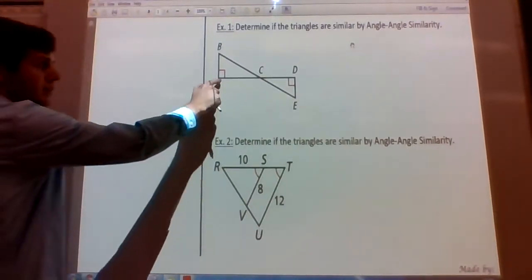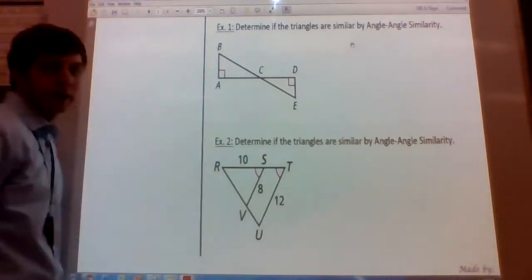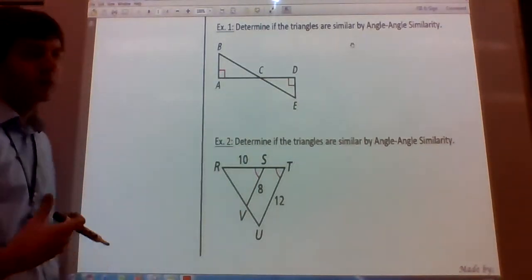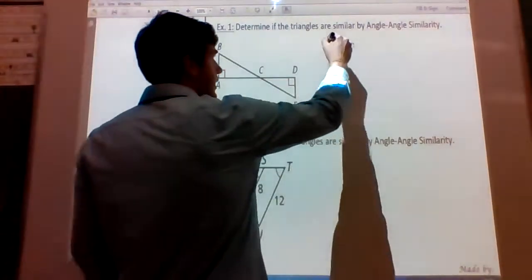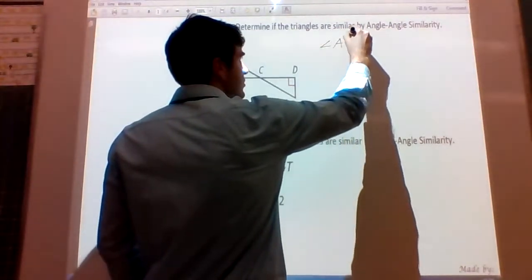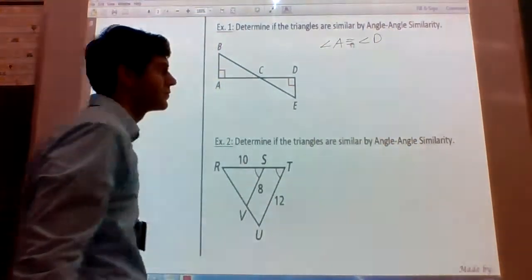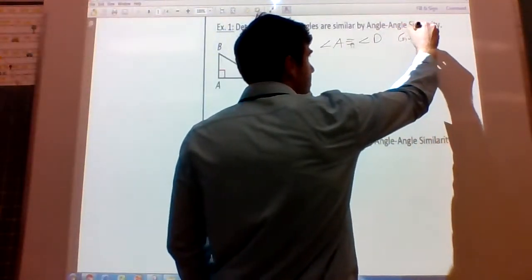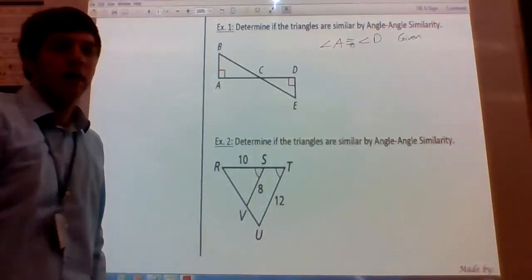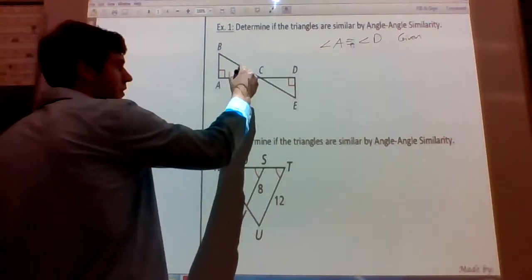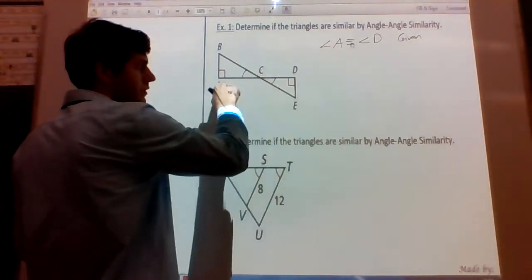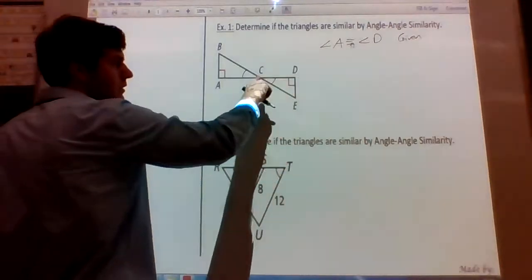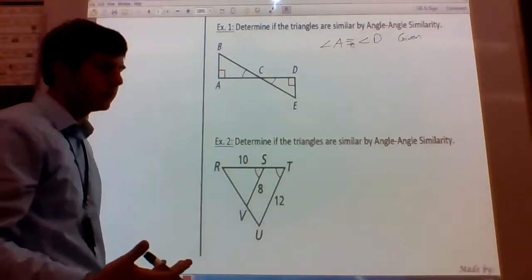So example 1 and 2, can we use angle similarity to show that these 2 triangles are similar? Well, the first one, they're giving us angle A and angle D are both right angles. We know by the right angle theorem that all right angles are congruent. So we know angle A is congruent to angle D. It's given to us, or we could say right angle theorem, however we want. We also know by the vertical angle theorem that since angle ACB and angle DCE are vertical angles, they're going to be congruent as well.